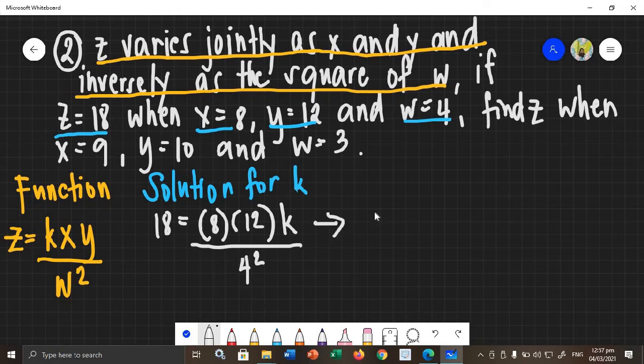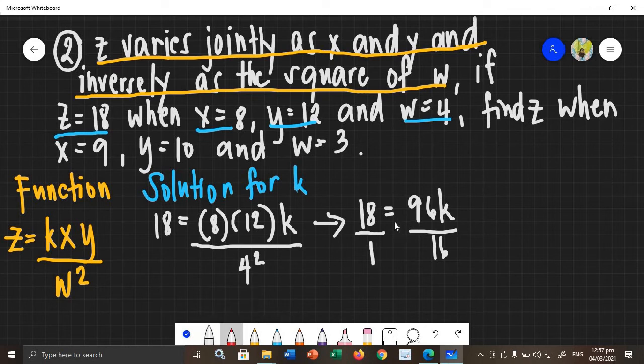So solving this, we have 18 is equal to 8 times 12. That will be equal to 96k. Okay? All over 4 squared is equal to 16. Now, para ma-solve natin yung value ni k, we will assume na yung denominator ni 18 is equal to 1.